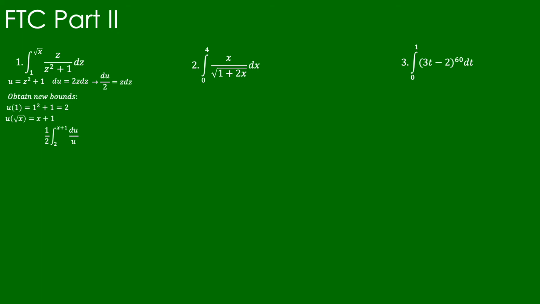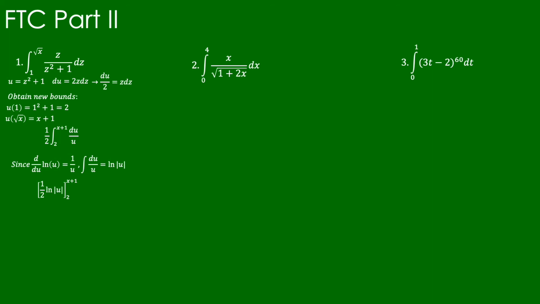Now let's actually find the antiderivative. To do that, again, we're going to use the fact that the integral of 1 over u is ln of the absolute value of u, and we get the antiderivative of 1/2 ln absolute value of u, evaluated from 2 to x plus 1.